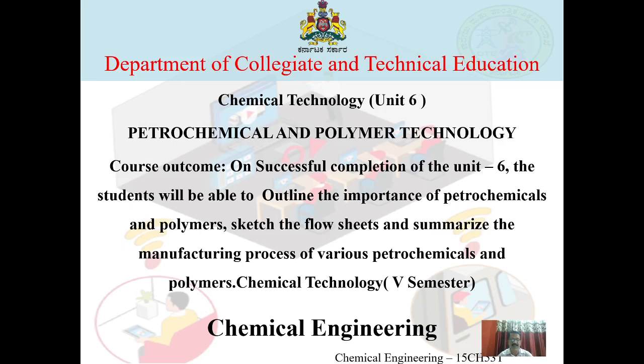In this session, we are going to discuss phenol production by the remaining three processes: phenol from chlorobenzene route, phenol from benzene sulfonate process, and direct oxidation of benzene to phenol. Let us recall what you studied in the last session.